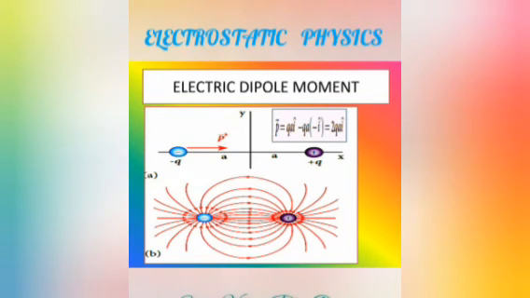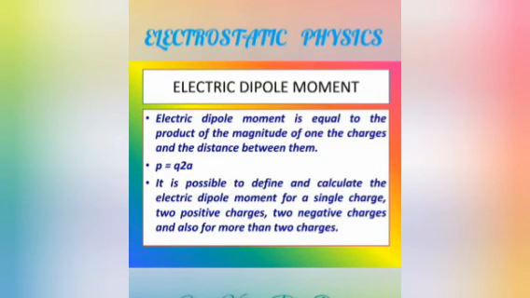It is possible to define and calculate the electric dipole moment for a single charge, two positive charges, two negative charges, and also for more than two charges. Its direction is from minus charge to plus charge. The SI unit of P is coulomb meter. It is a vector quantity. Vector quantity means magnitude and direction.